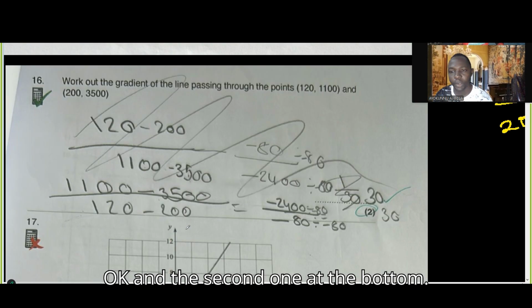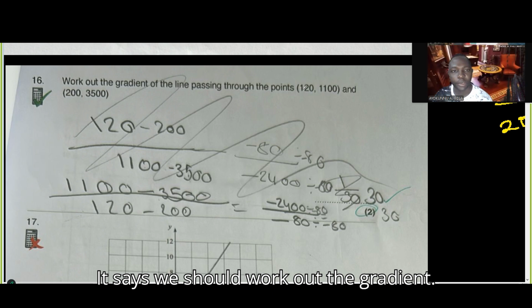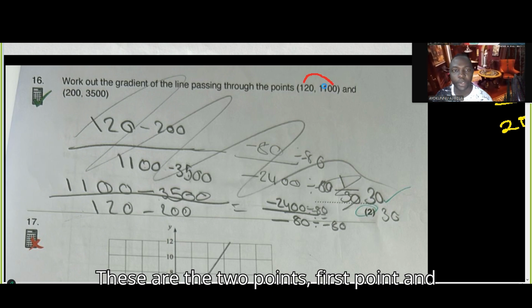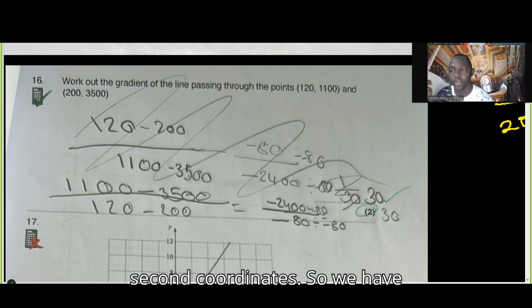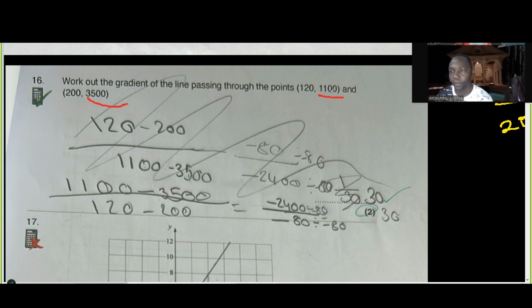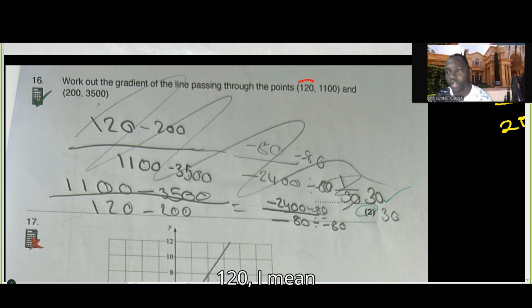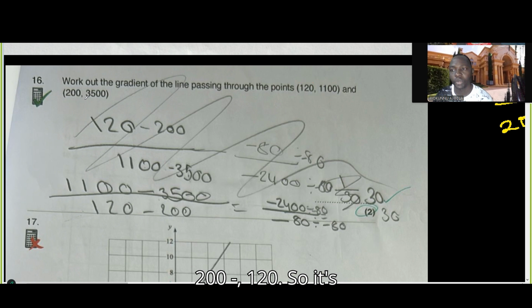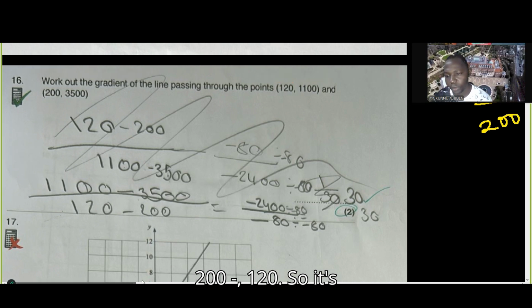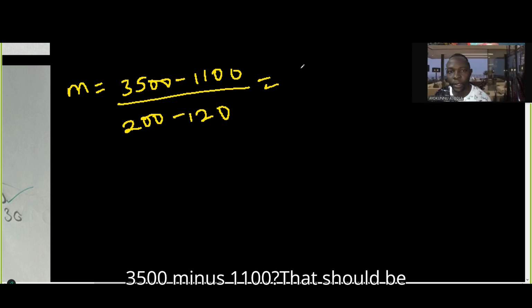Okay, and the second one at the bottom, it says we should work out the gradient. These are the 2 points, first point and second coordinates. So we have 3500 minus 1100, right? Yes. And we're supposed to have 200 minus 120. So what is 3500 minus 1100?